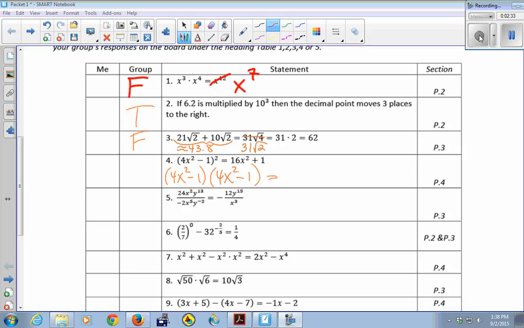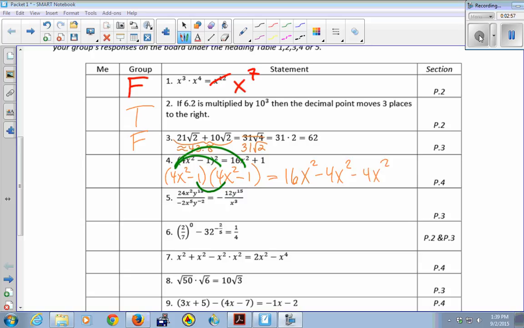So 4x squared times 4x squared is 16x to the 4th. That's the first piece of your lobster claw. Then you do 4x squared times negative 1, and you get negative 4x squared. Then the bottom part of the lobster claw: negative 1 times 4x squared is negative 4x squared.